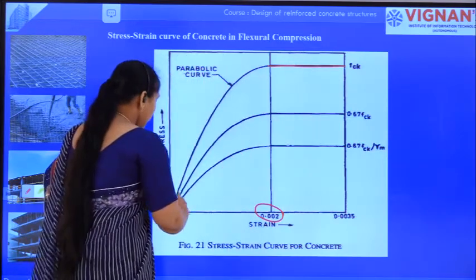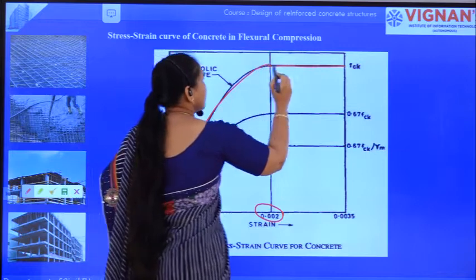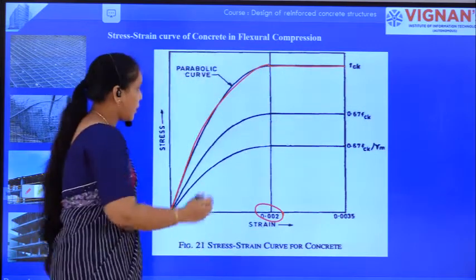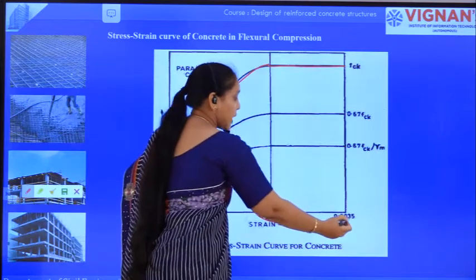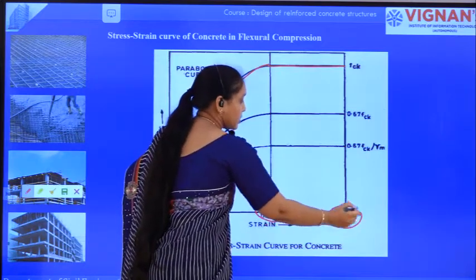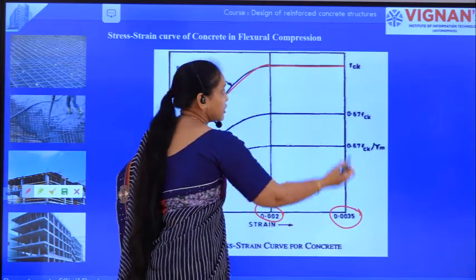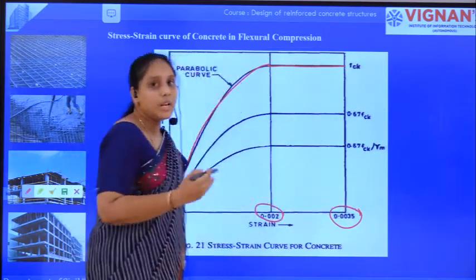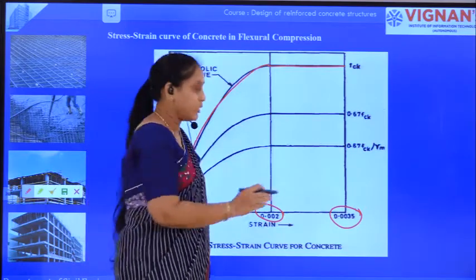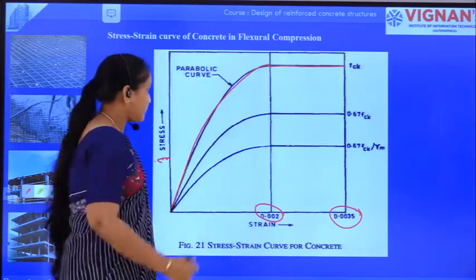So this is the parabolic curve and this is the linear curve. This is our ultimate strain of 0.0035. After this it will collapse or fail. So that is our ultimate strain.